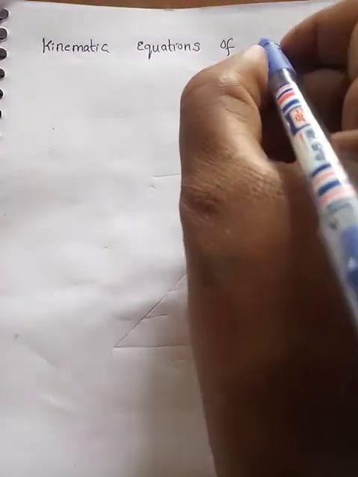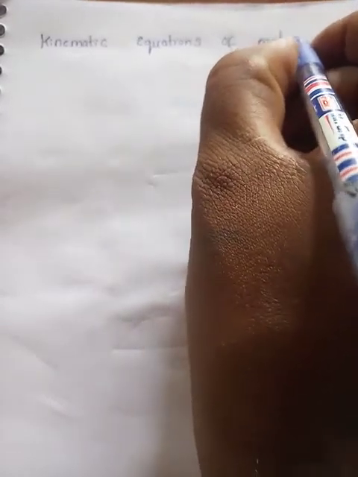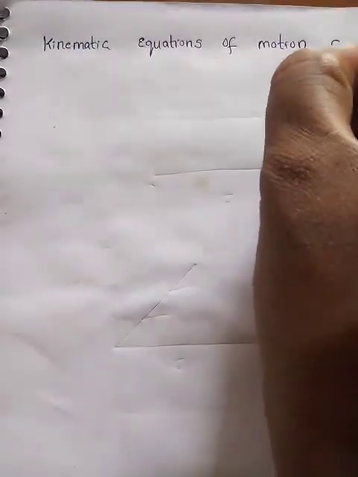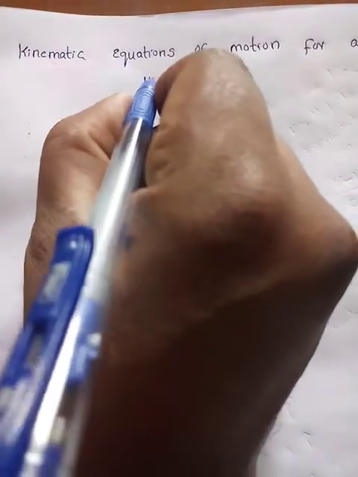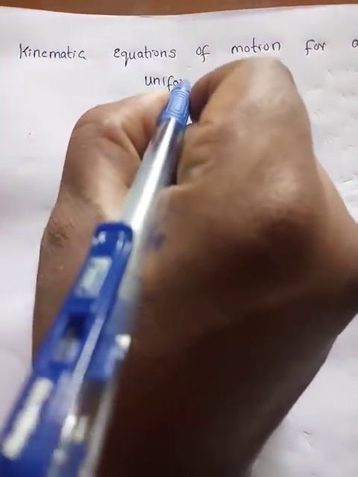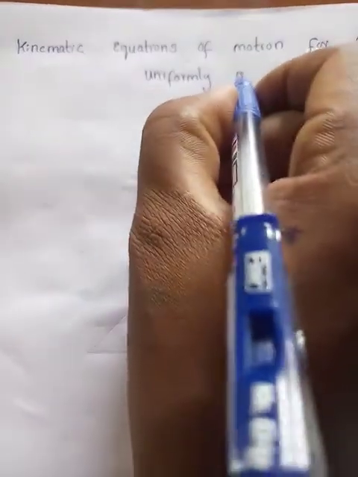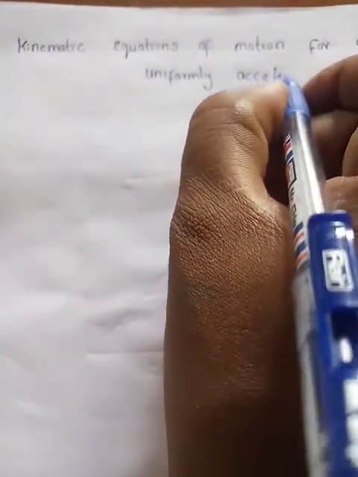So here, what they are called, we already come to know, is the kinematic equations of motion for a uniformly accelerating body.